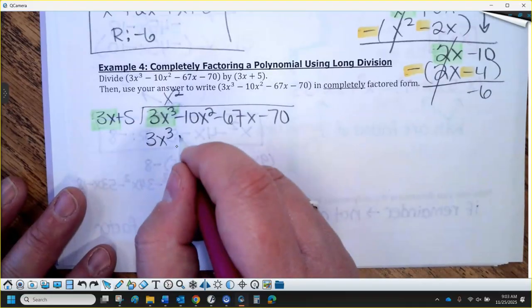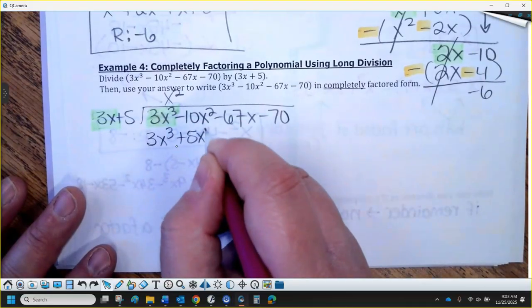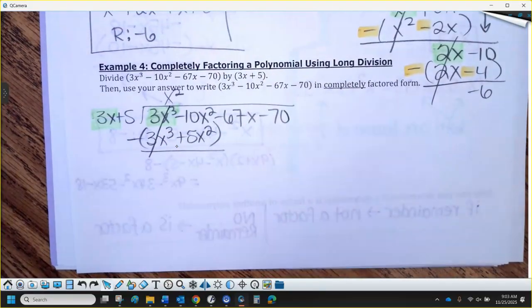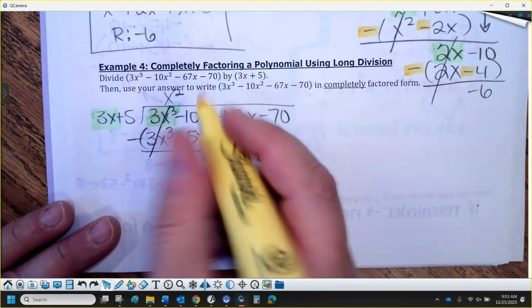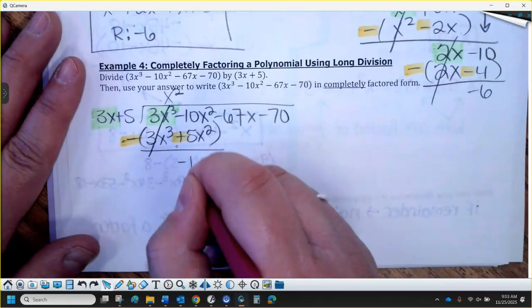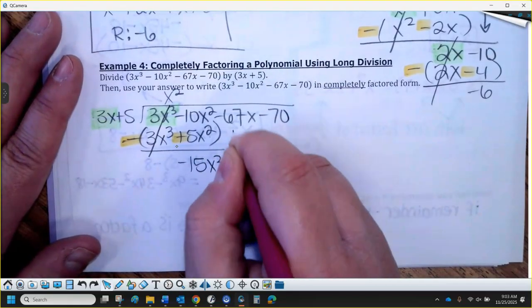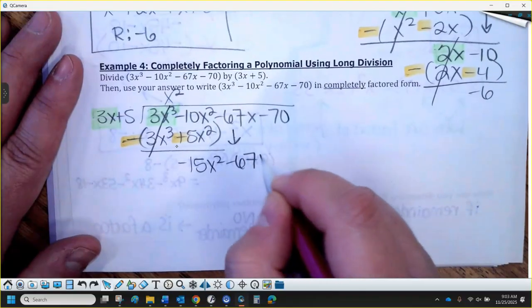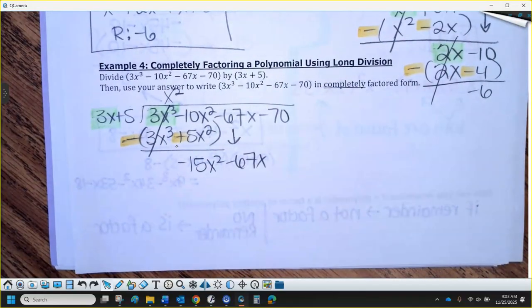X squared times 5 would just be plus 5x squared. And then I'm just going to subtract. The first term always goes if you did it right. Now, I have negative 10 minus a positive 5, so that's going to be negative 15x squared. Bring down your next lovely term, which is the negative 67x, and rinse and repeat.